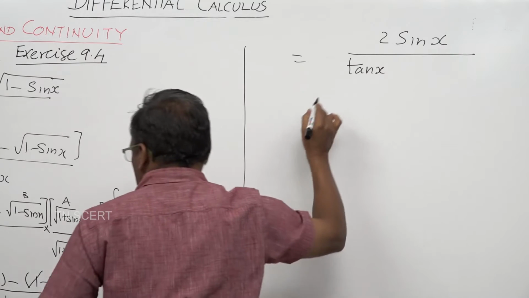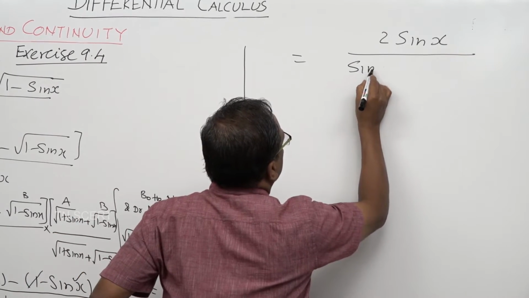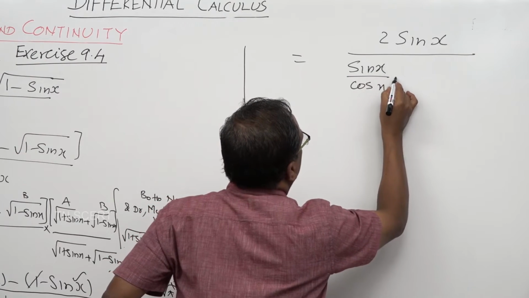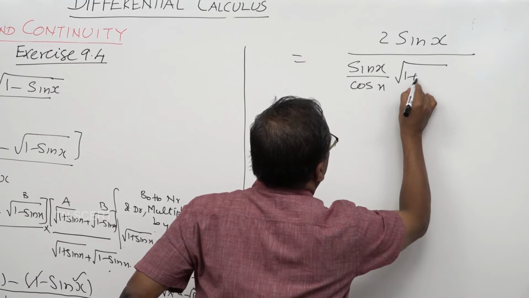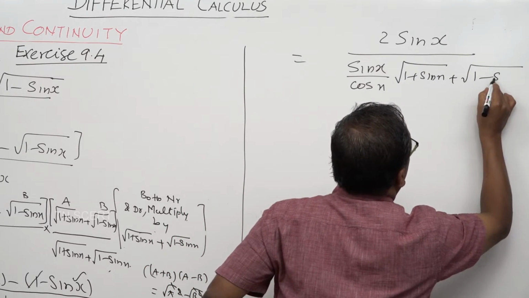And this tan x also we can manipulate, like how it is sin x by cos x, and here 1 plus sin x plus root of 1 minus sin x.